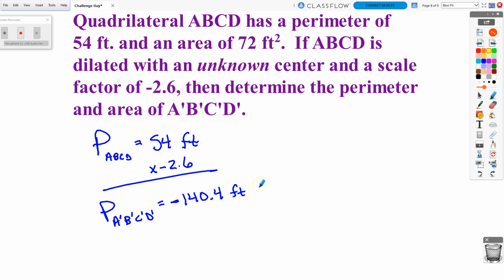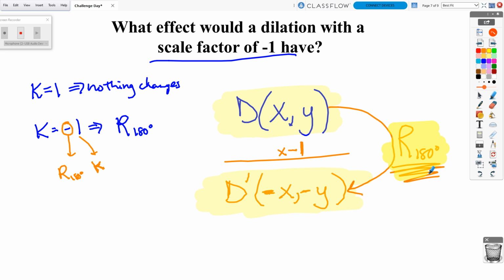And the reason why I'm saying are you crazy is: can the length around a quadrilateral be negative? No, you cannot have negative length. So then what do we do? Is it positive 140? Do you just drop the negative? And really, yeah, remember, you need to think about, what did a negative do to a dilation? A negative just said, oh, well, you're just going to rotate the thing around 180 degrees.